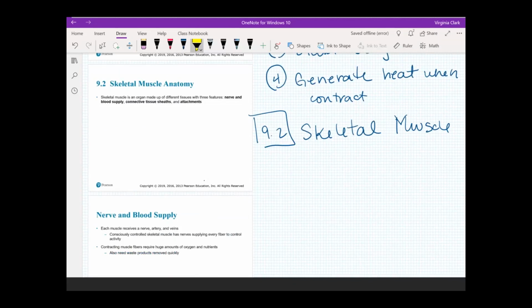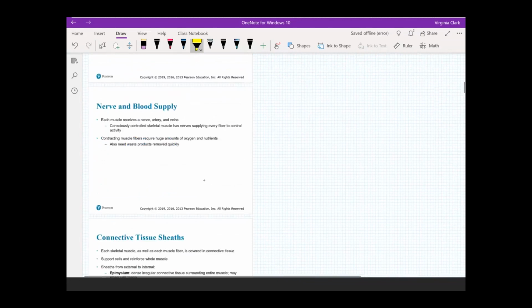So when we're talking about skeletal muscle anatomy, we are talking about an organ, and this organ is going to have different tissues, because remember, that's a definition of an organ. There's going to, yes, be the muscle itself. There's going to be nerve and blood supply, and there's going to be connective tissues that are going to be attached and around the actual skeletal muscle itself.